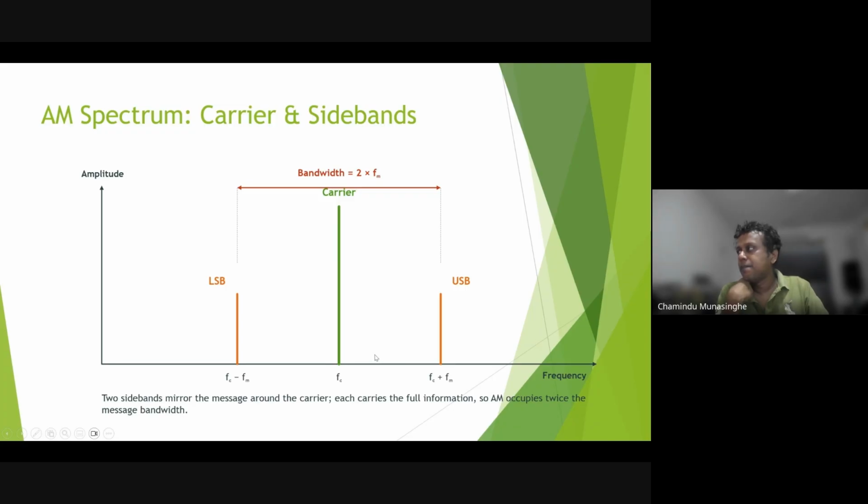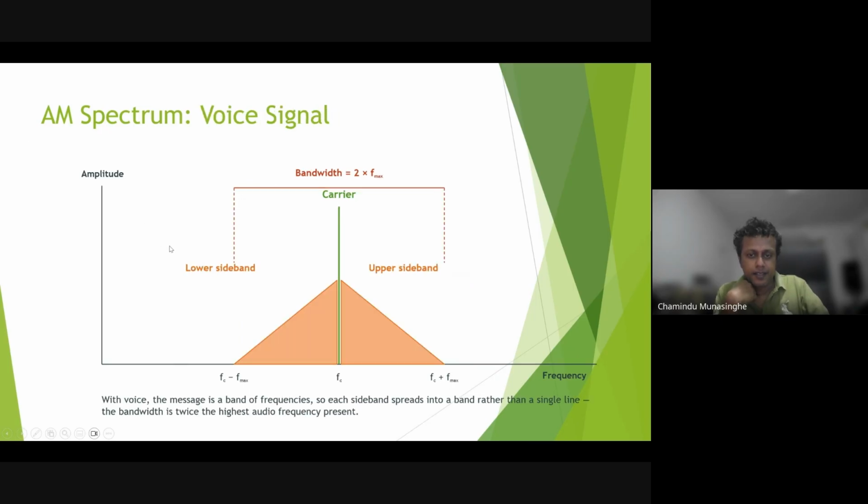Actually, this is multiplying two cosine waves together. If you remember your A-level maths, cos A times cos B is cos(A plus B) plus cos(A minus B). So these are the two components, A plus B and A minus B. If you know a bit about maths, you can get an idea about this. Anyways, what if I modulate something like a voice signal in this?